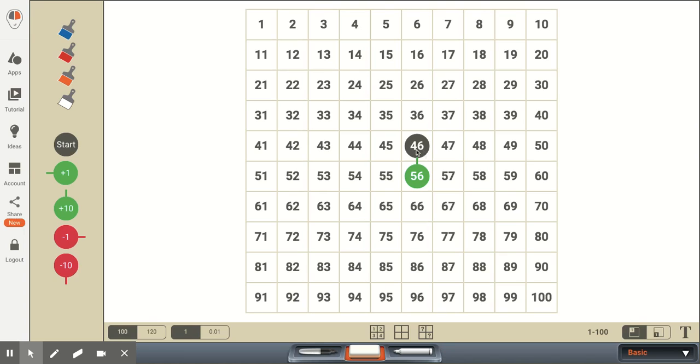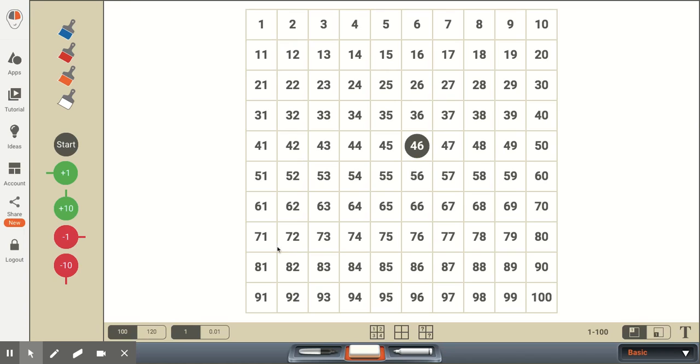If we're going to add 10 more, that means we're adding one 10. So if we have four tens in 46 and we add one more 10, now instead of four tens, we have five tens. So the answer would be 56.